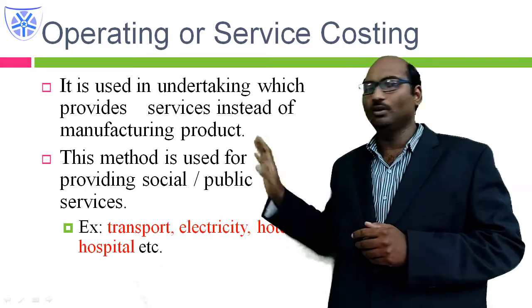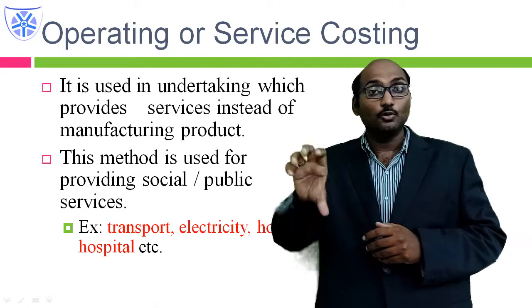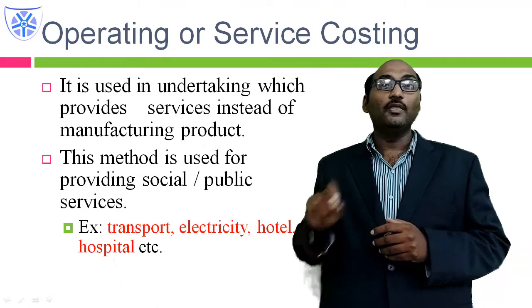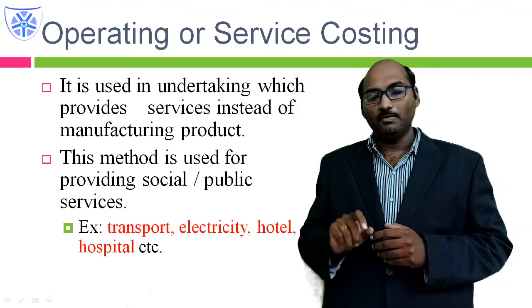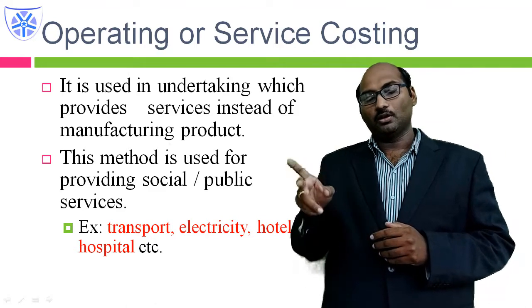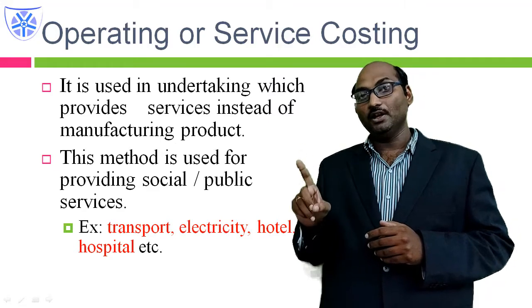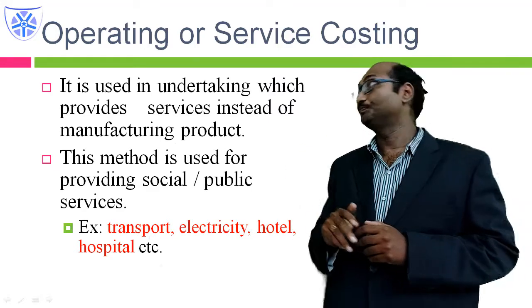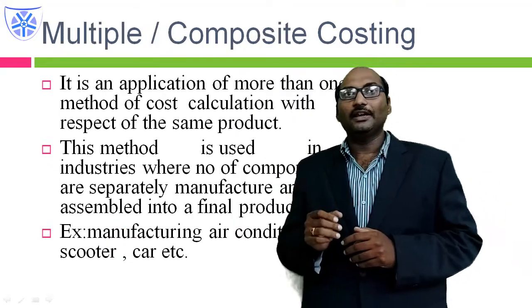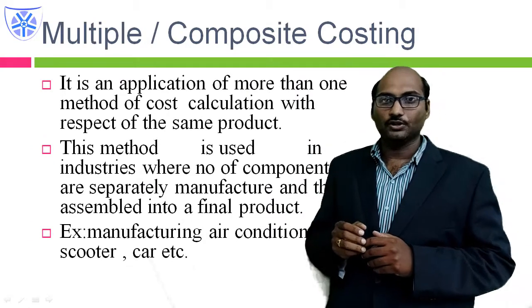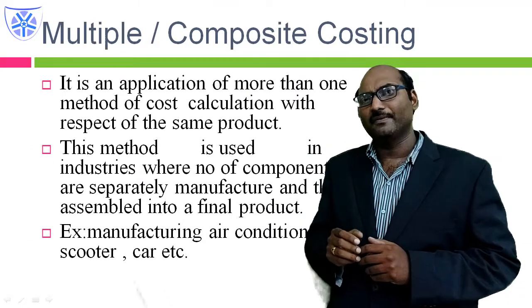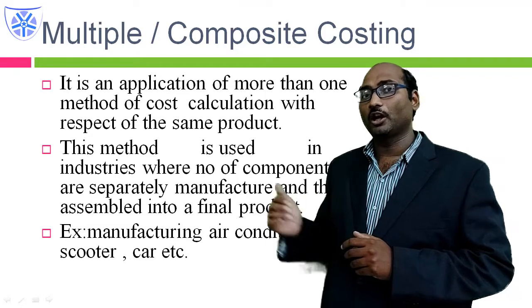But of course, we will not go into detail about these things, just for you to understand the various methods of costing. We will be going with either batch cost, batch process cost, and then process cost, only these two. The other one is composite costing, like manufacturing an air conditioner or scooter or a car.